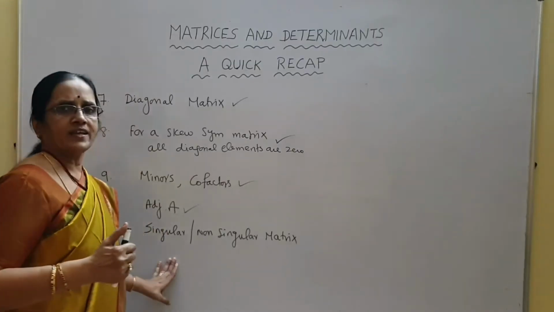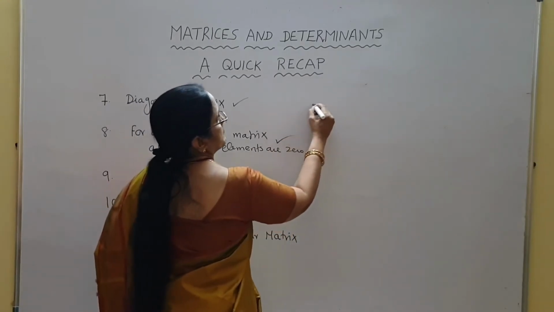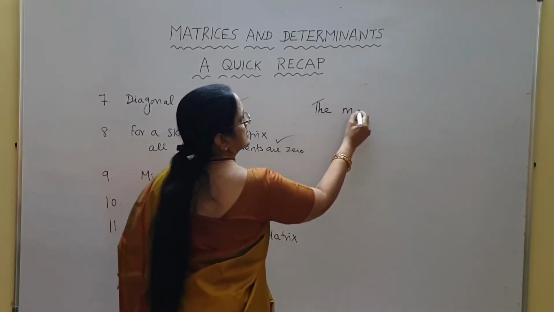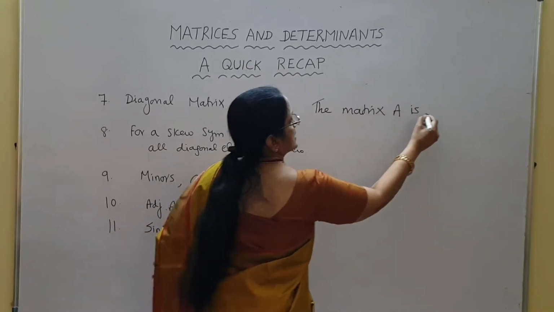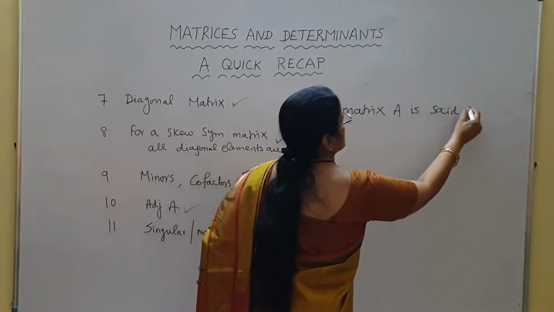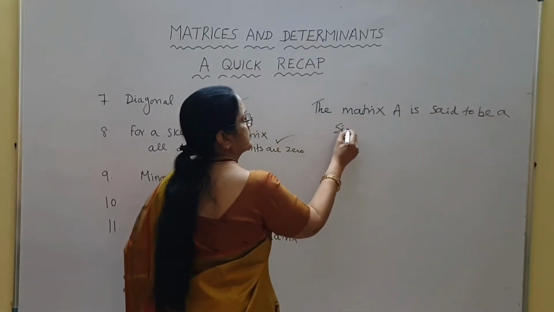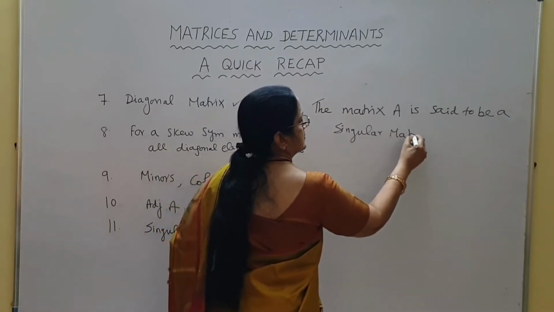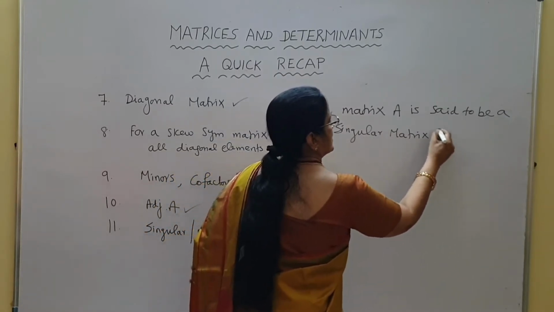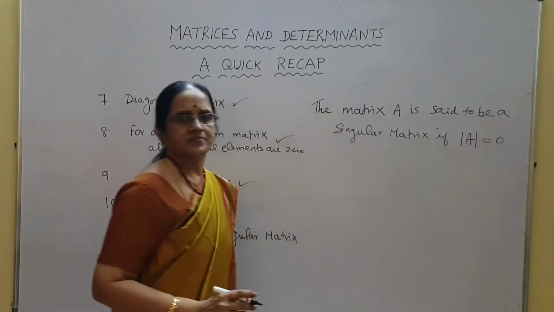Coming back to singular and non-singular matrix. The matrix A is said to be a singular matrix if its determinant of A is equal to 0.